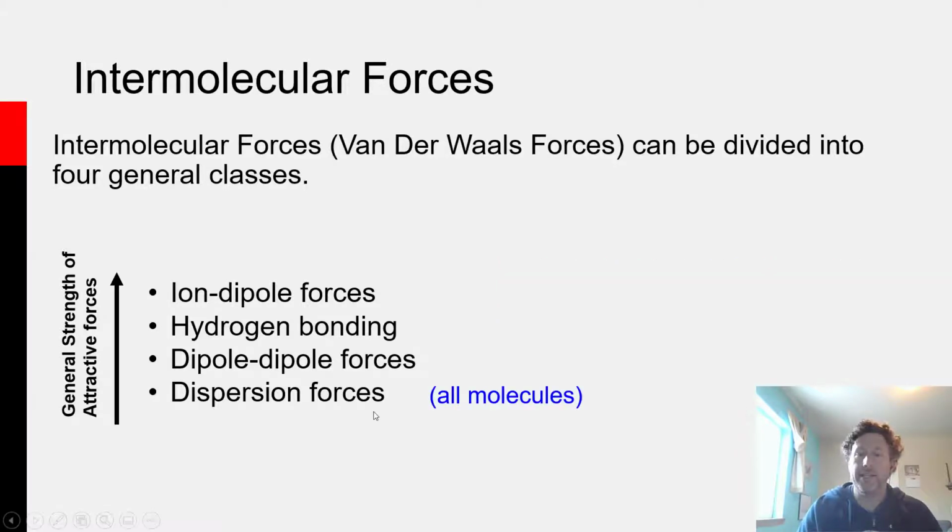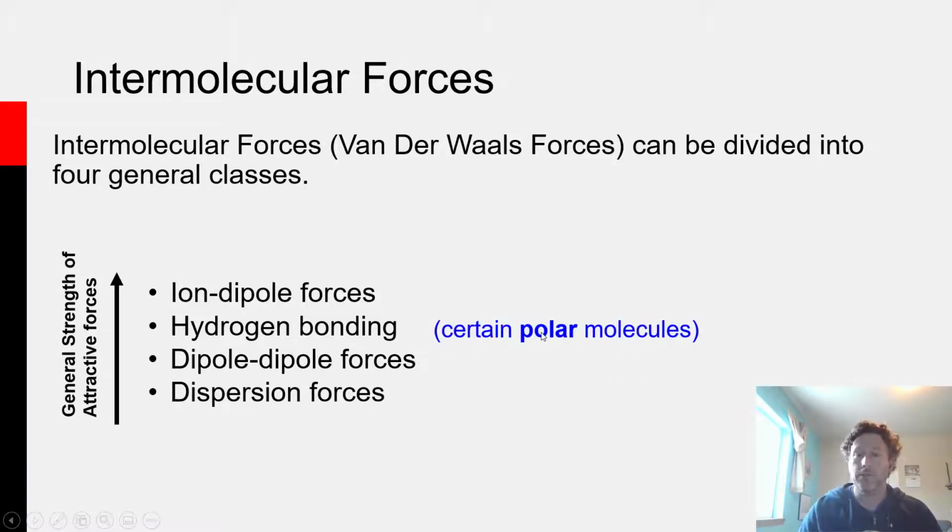So another way of saying that is dispersion forces act in all molecules and even monatomic gases like noble gases. No matter how nonpolar you are, you at least have dispersion forces acting between your molecules. If you're a polar molecule, you at least have some type of dipole-dipole force in addition to the dispersion forces. So if you're a polar molecule, you have both this and this.